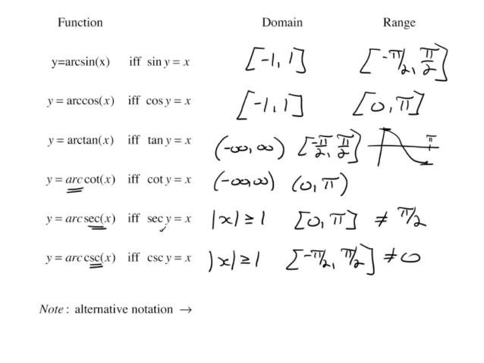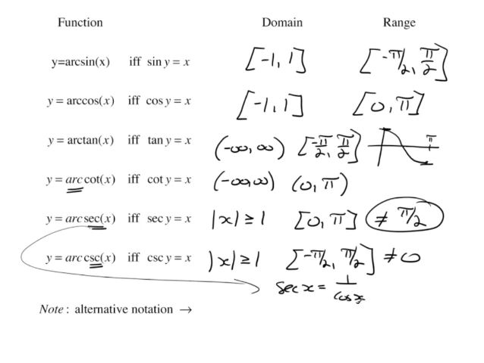Now, just as a quick reminder, what is secant? Secant of x is 1 over cosine of x. That's why we have to restrict it and cannot let x equal pi over 2, because at pi over 2, cosine is 0, and 1 over 0 is undefined. Likewise here, cosecant is 1 over sine of x.